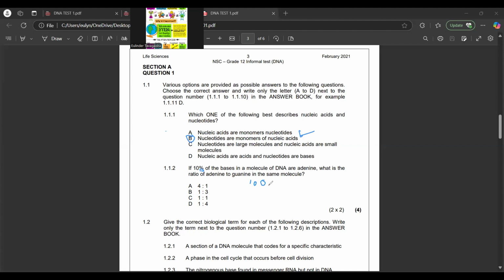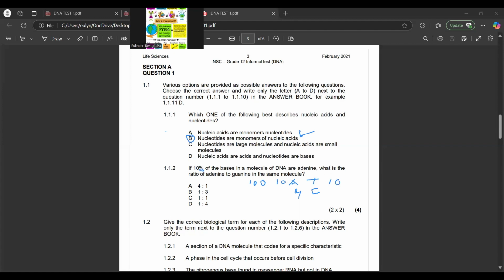Let's go back to the pairing of the nitrogenous bases. A goes with T, and G goes with C. That's how we pair them. So if adenine is 10%, then thymine is also 10%, because remember this is DNA.